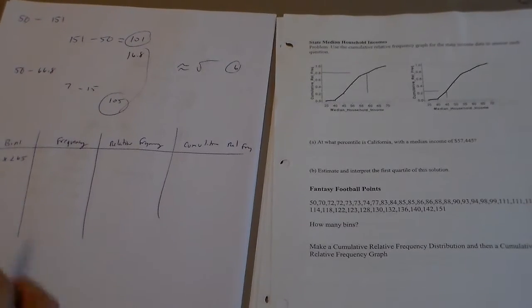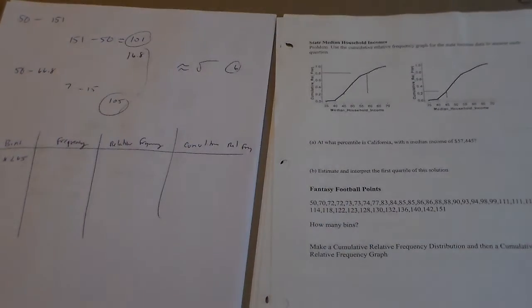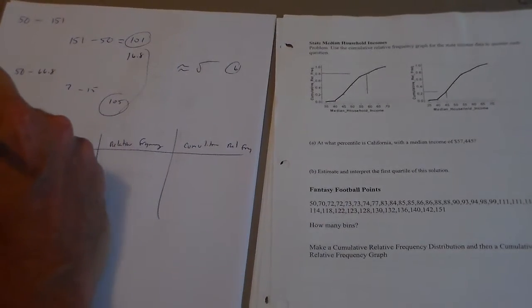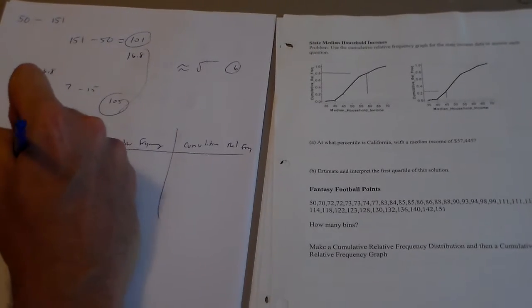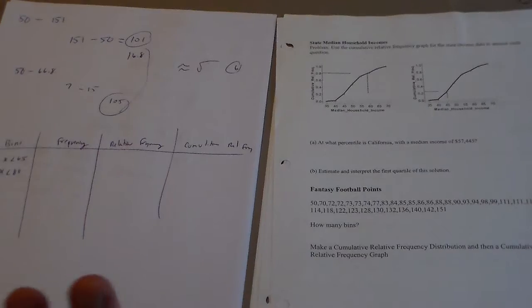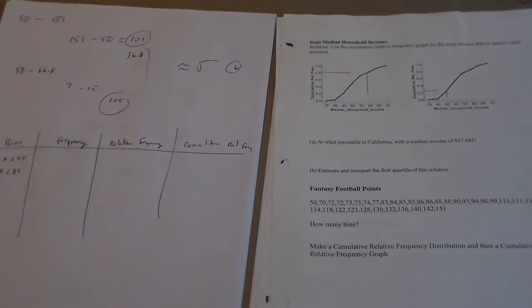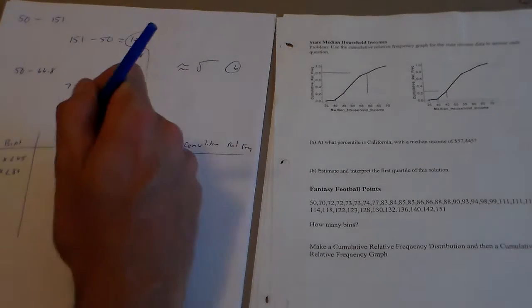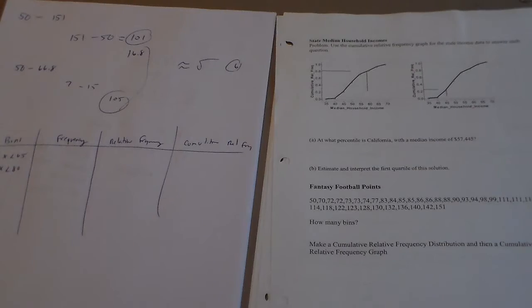So the space there is going to be 15. We talked about some of the calculations up here. And so now, if I put 65 here, and I go 15, then this is going to be 80, and so on. So what I want you to do is finish this, and then write your frequencies in. So pause the video, make your bins, fill in your frequencies, and then we're going to talk about how to fill in the other two columns.